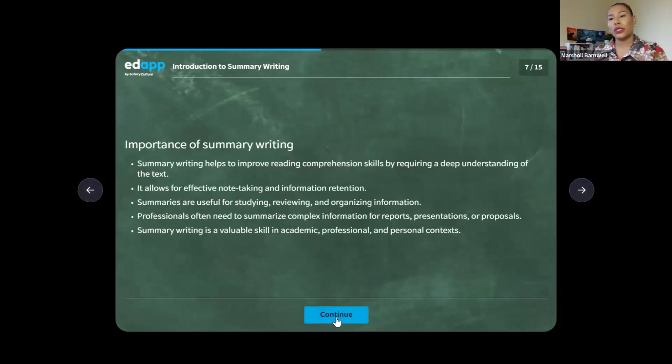So what is the importance of summary writing in our day-to-day lives? Summary writing helps us to improve our reading comprehension by requiring a deeper understanding of the text. If you can read a text and fully understand it to the point where you can recapitulate what was stated in 25% of the words, it means that your understanding goes beyond the superficial.